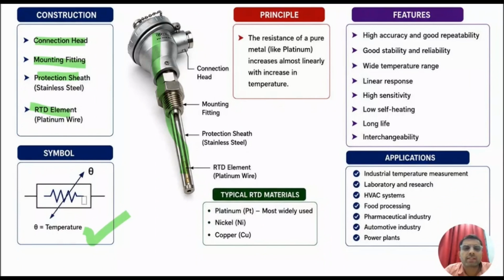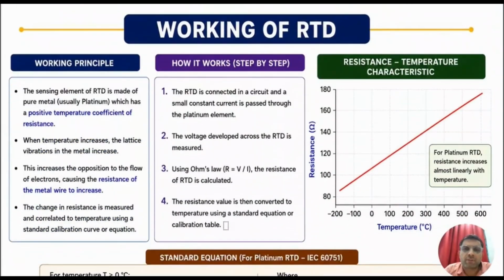The resistance symbol is a box, and an arrow is given to show it is sensitive to the temperature. Okay, so which materials are used in RTD? Platinum mostly used, nickel and copper. Depending on which material you are using, platinum, nickel or copper, the characteristics change a little bit, which I'll tell you in the graph section. Application we will see after the working of this.